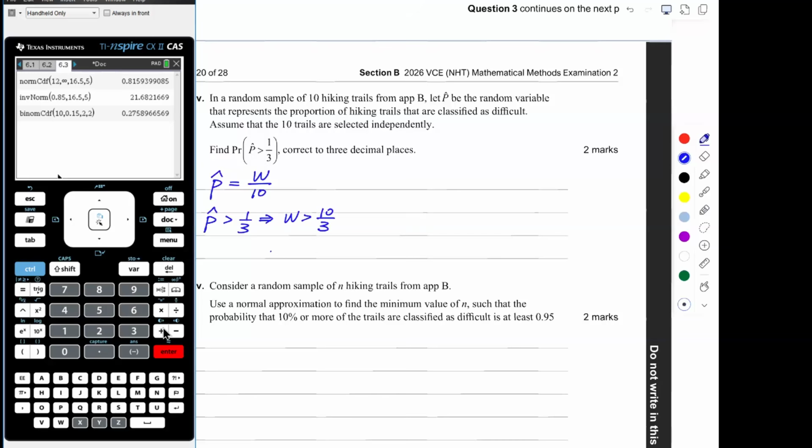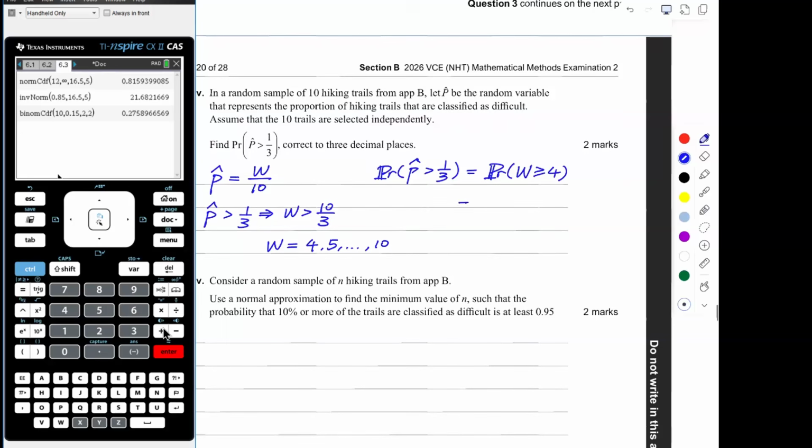So it means W is, starting from 4, 5, and so on until 10, okay? Therefore, the probability of P hat larger than 1/3 equals the probability of W greater than or equal to 4, up to 10. So we can use binomcdf from 4 to 10.